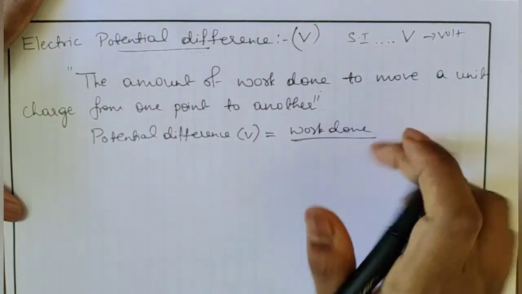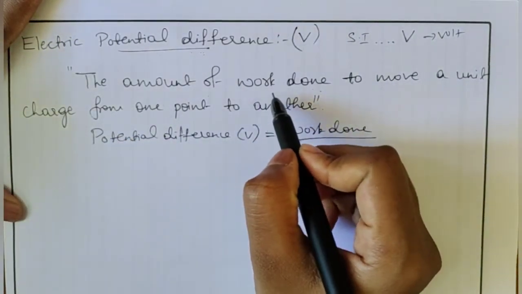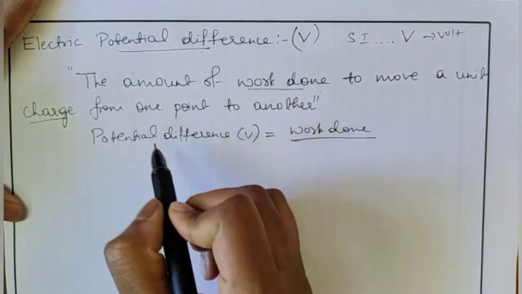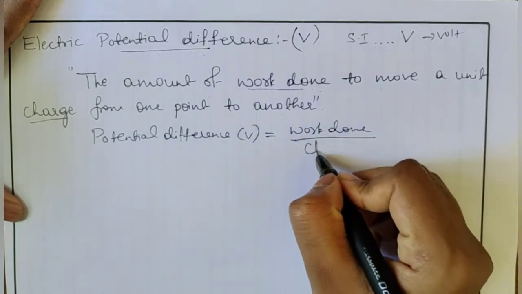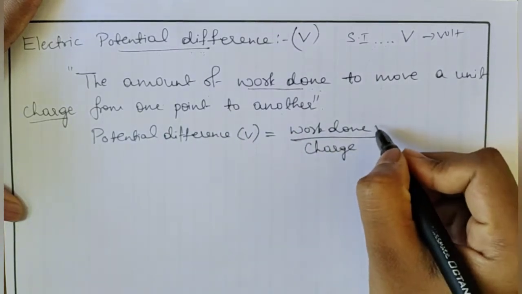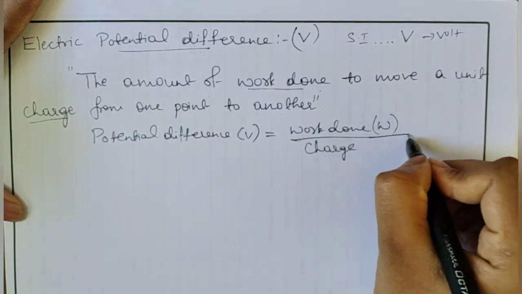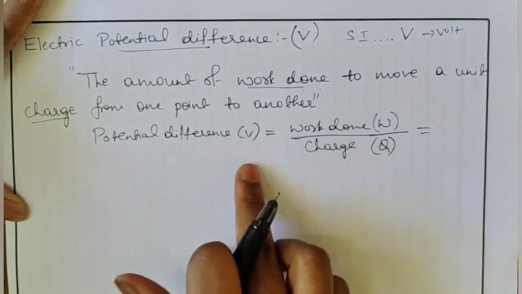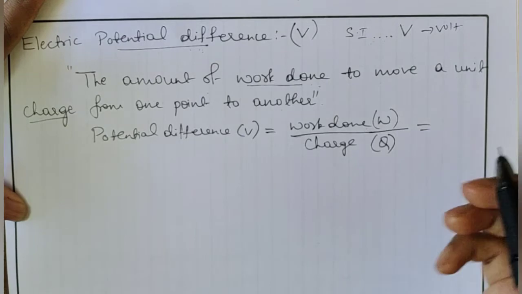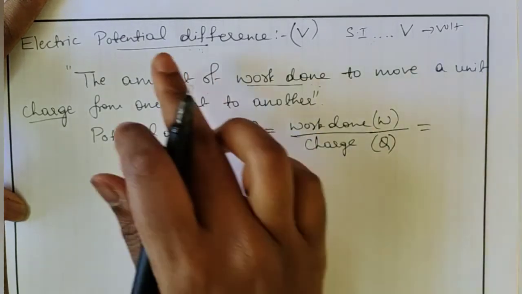Work done to move a unit charge, right? So look here in the definition what we have, work done and charge. Therefore potential difference is equal to work done divided by charge. Work is denoted by capital W and charge, which we already know, that is Q. Now V is equal to W by Q is the formula of potential difference.